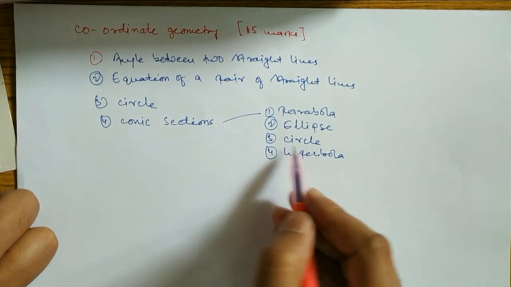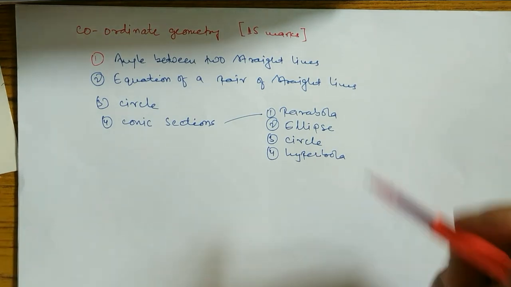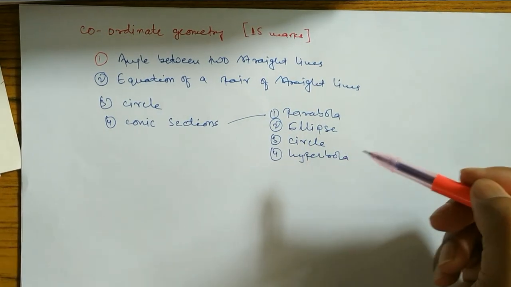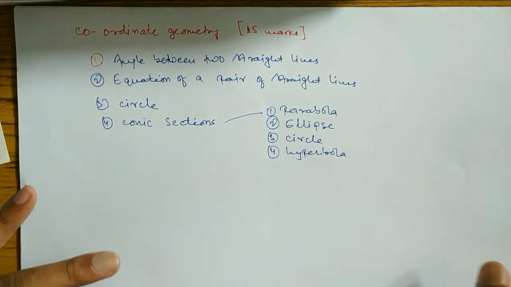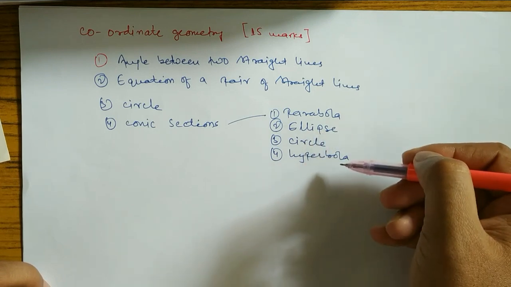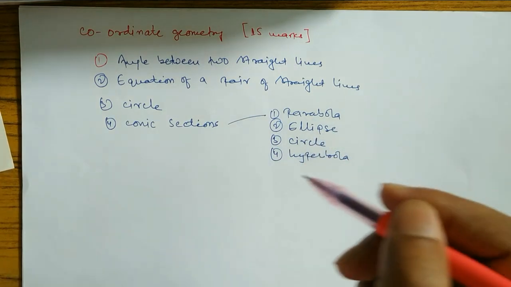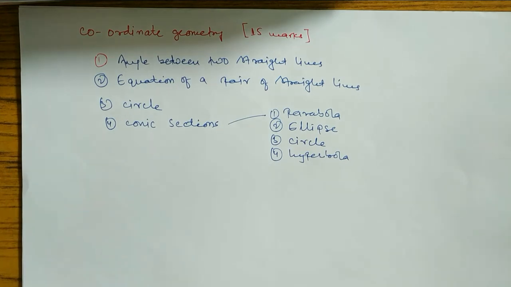Okay, circle you will get here only. This type of question you will get for 1 mark. Just describe parabola, write the equation of parabola, ellipse, circle, hyperbola, in which condition ellipse is greater than hyperbola. These are the questions you will get in question number 1, about vertex, axis, generation.